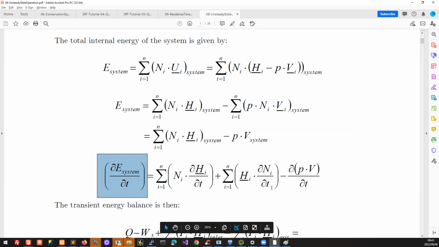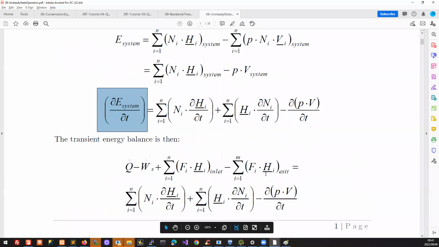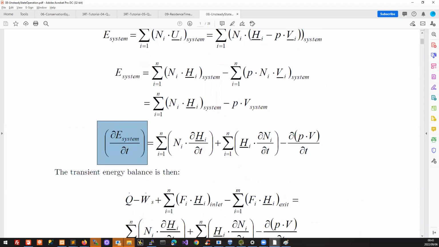And dNi/dt, of course, we can get from our material balance. For our reactor, we look up dN/dt and we can substitute the expression there. So that takes care of that part. This enthalpy can be expressed in terms of temperature, so we anticipate we'll see a dT type term over there.